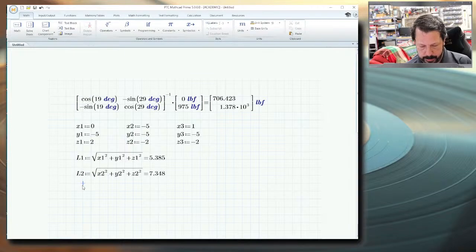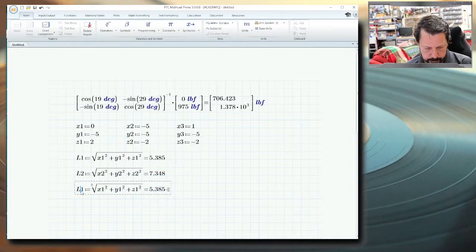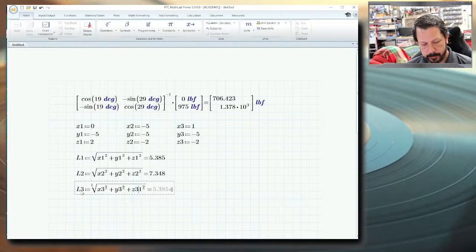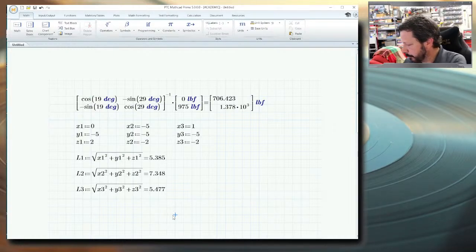And then we need an L3 with all 3 numbers. So we're doing this because of the way we're going to write our equations, so there are our different lengths.